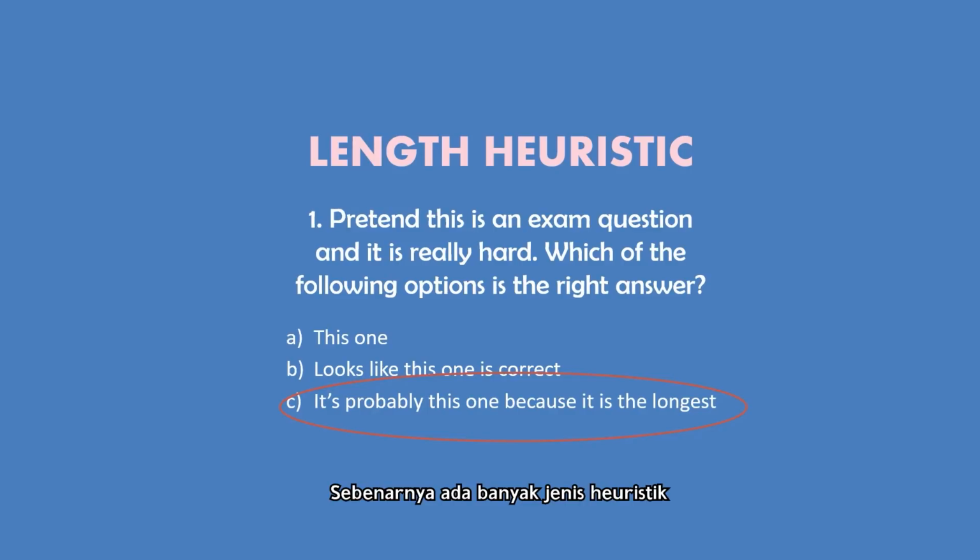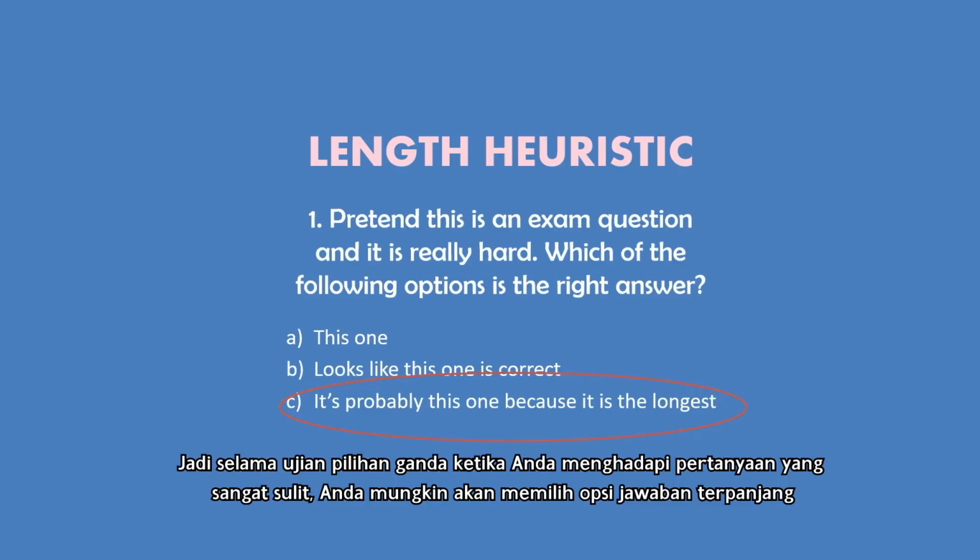There are actually many types of heuristics. On your screen, we have an example of what is called the length heuristic. The length heuristic states that length indicates strength. Thus, during a multiple choice exam, when you face a very hard question, you would probably choose the longest answer option if you do not know the real answer.